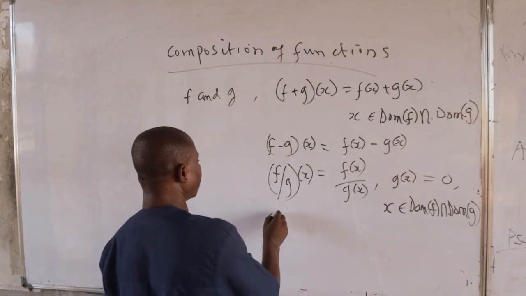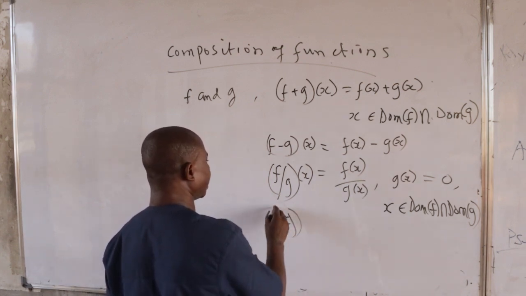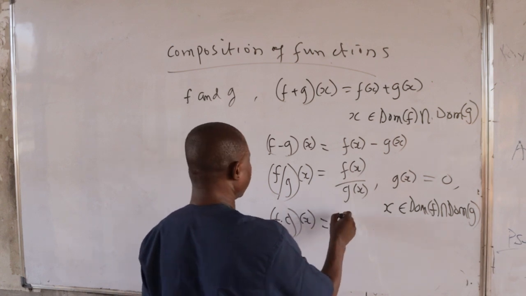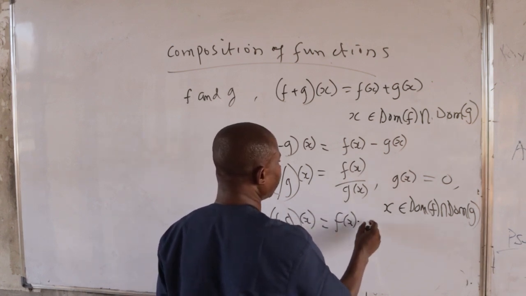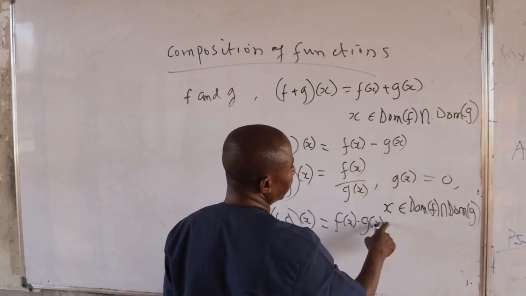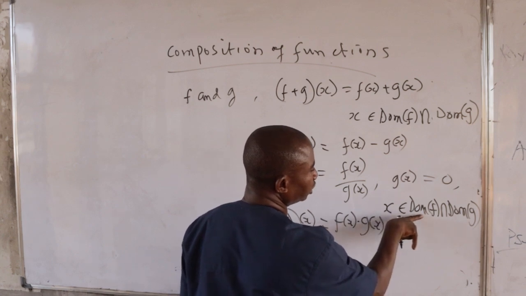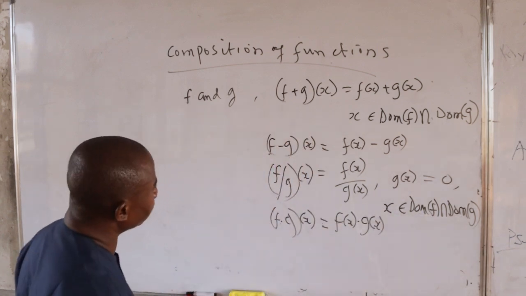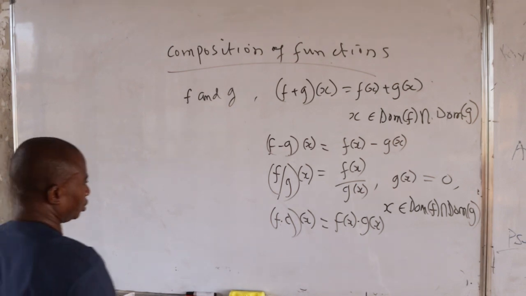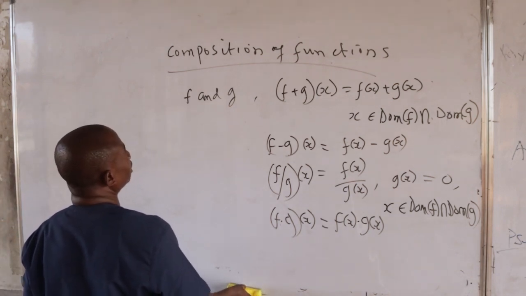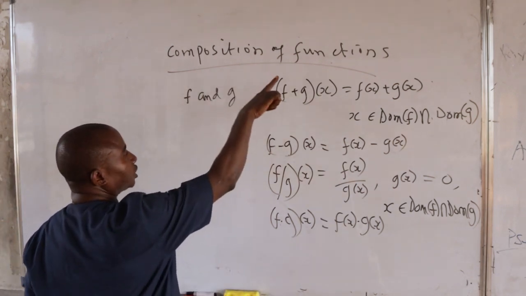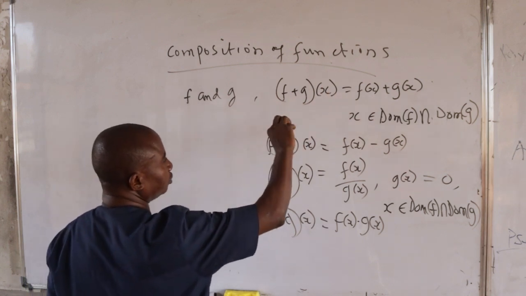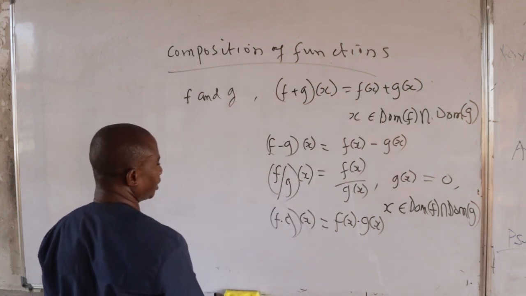We can deal with f times g acting on x to mean f of x multiplied by g of x. Again, we want x to be in the domain of f intersection the domain of g. Now, we want to deal with how to compose two or three functions to get a new function.